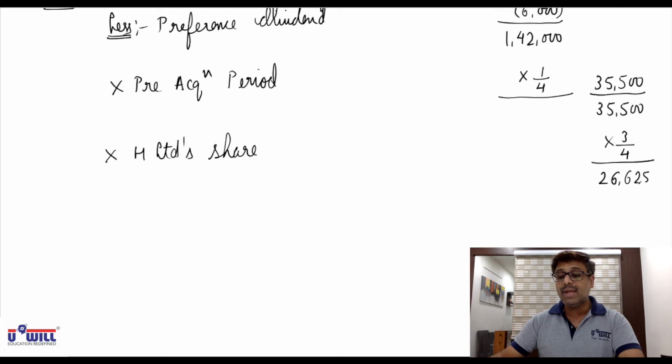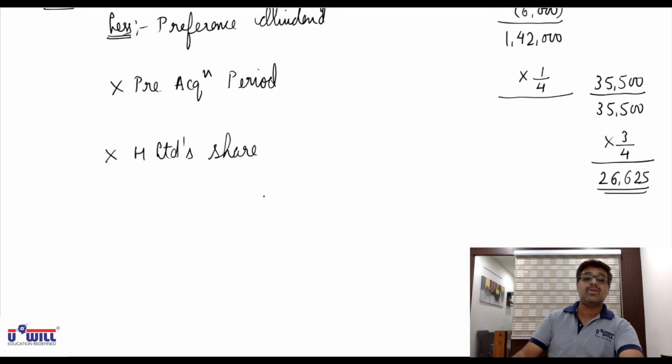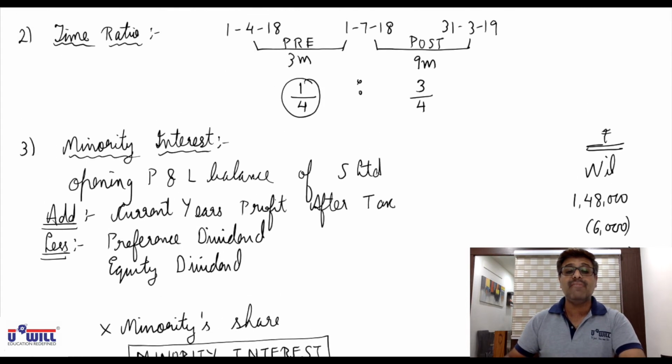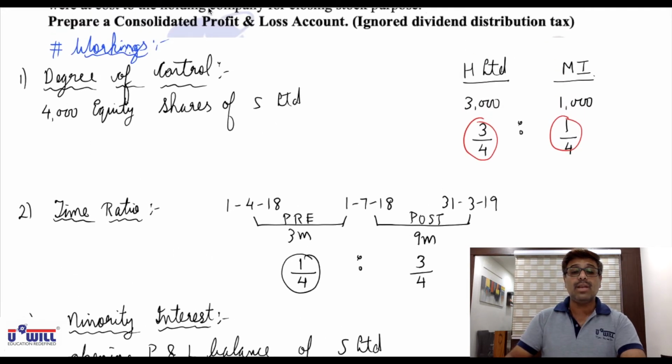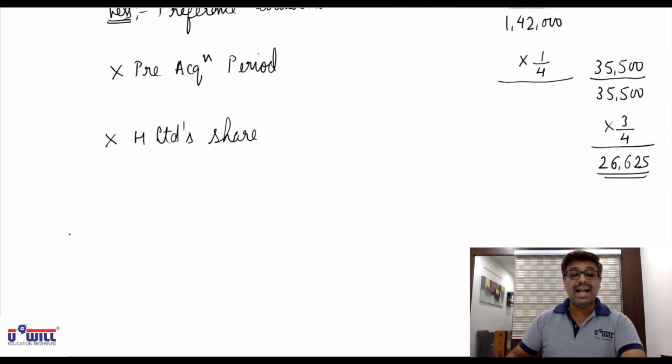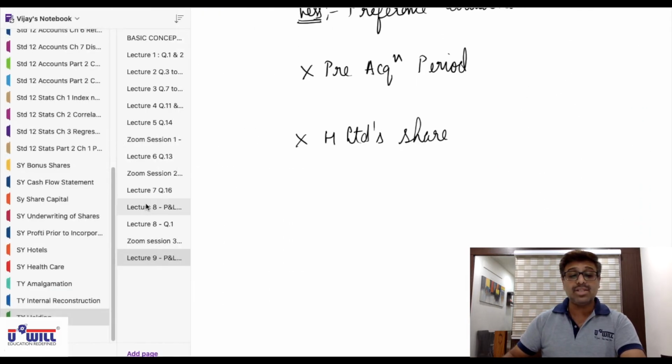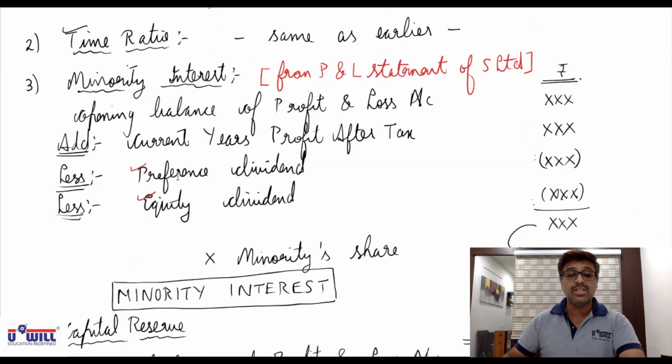Now in that we have to add holding company's share in pre-acquisition preference dividend, but that we don't have. Holding company has acquired only equity shares. If it would have acquired preference shares also, then only we have to further add here holding company's share in pre-acquisition preference dividend.